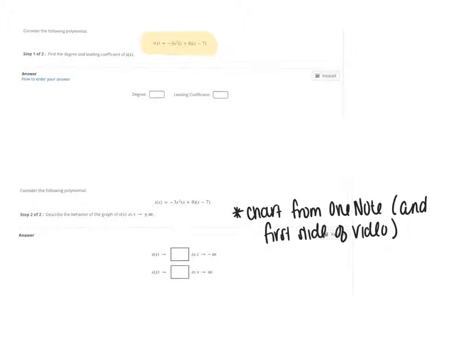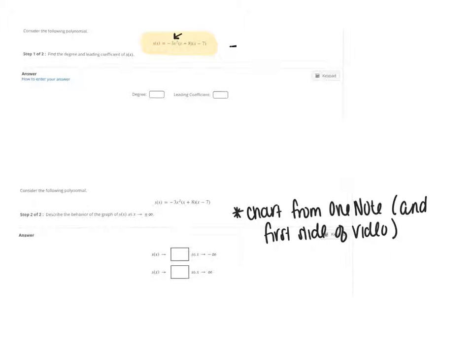All right, so here's my second example. So I'm given a function s of x. The first step says find the degree and the leading coefficient. Now, if you were to look at this quickly, you may say, okay, the degree and leading coefficient are negative 3x squared. However, that's not the leading term because I had to technically multiply everything out.